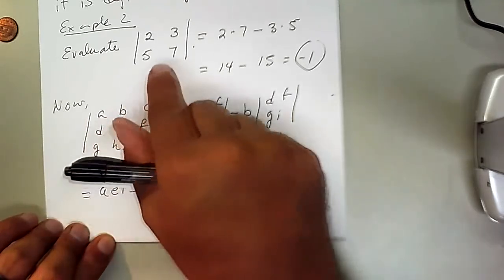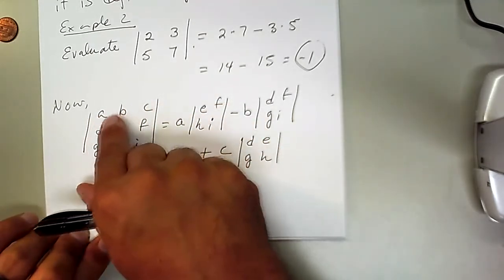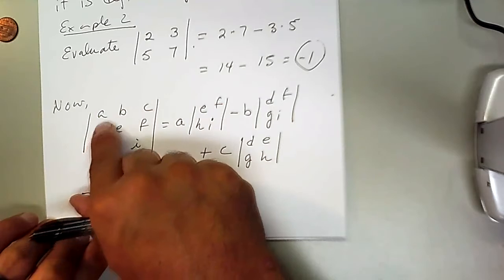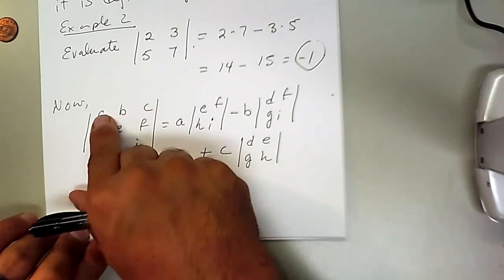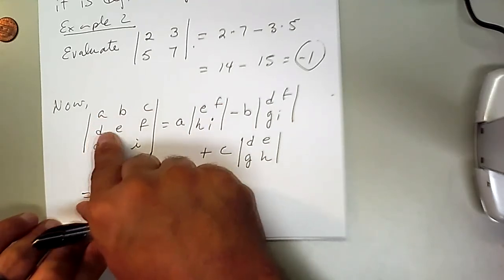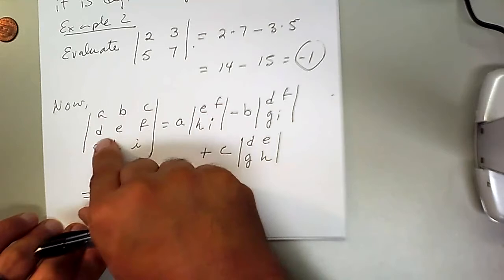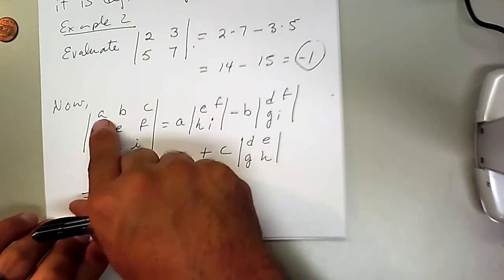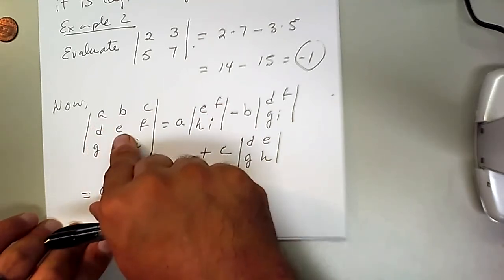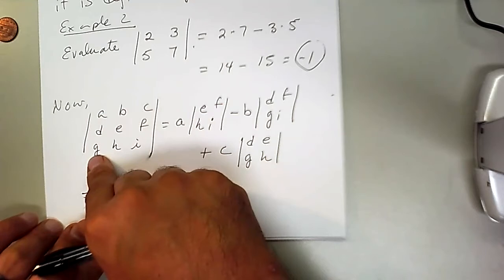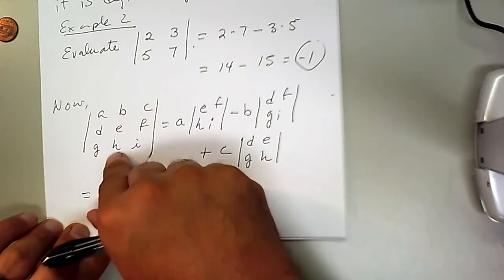So this guy is plus, minus, plus. This one is minus because the one above was plus, and we gotta alternate, and then we have minus, this was minus because the one above is plus, and then plus, and then minus, and then plus again, minus, plus.